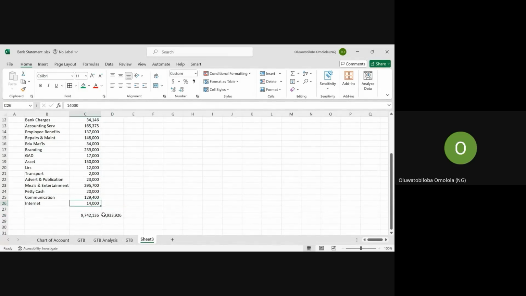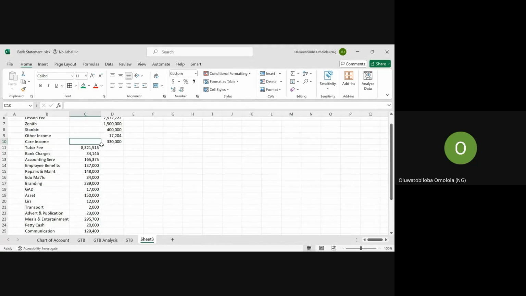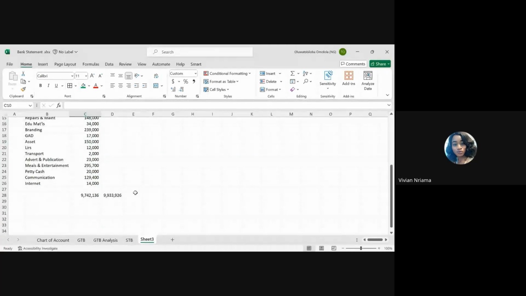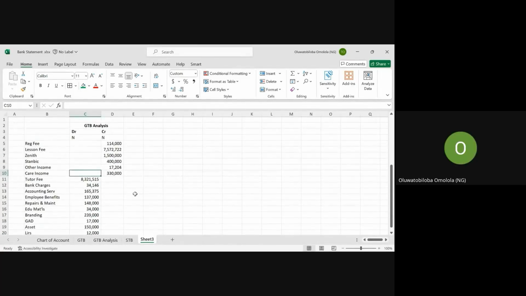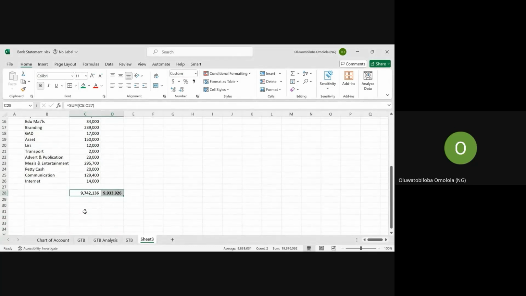So now look at this FS, this trial balance. Who can tell me what the issue is in this trial balance? It's not balanced. The debit and the credit is not balanced yet. Thank you very much. So by the time I look at my totals for my debit side, and I look at my totals from my credit side, one of the first things that you need to do is to make sure that your debit side must be equal to your credit side.